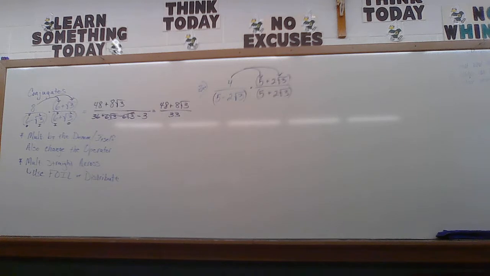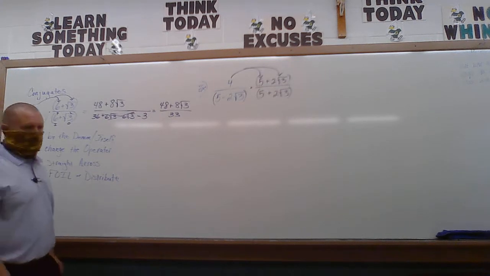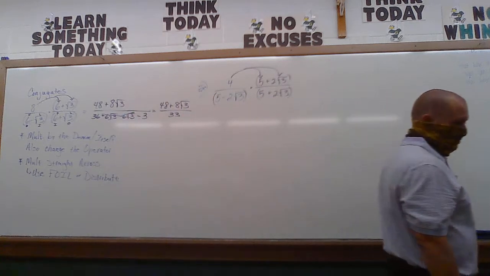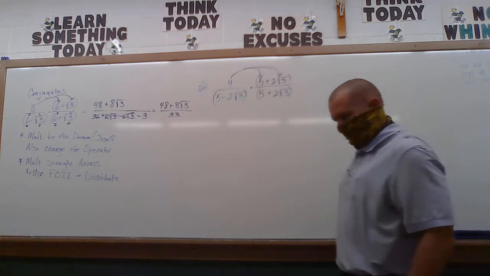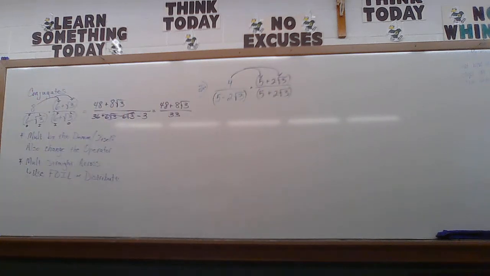And then if you get that far and you want to try it, do the FOIL on the bottom. But remember, the FOIL on the bottom, I really only have to do the first terms and multiply them together and the last terms and multiply them together. Because my O's and my I's are always going to cancel each other out.